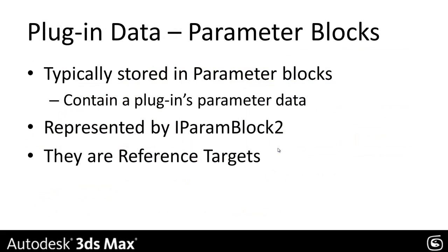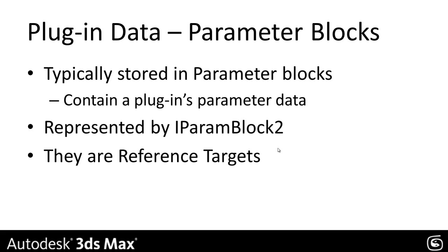So that leads us to talking about plugin data, which is primarily done through parameter blocks. Parameter blocks are basically containers that hold data about a specific object. So if you implement an object plugin, and that object is a sphere, and you need to store the radius of that sphere, well, the parameter block is going to store that data.